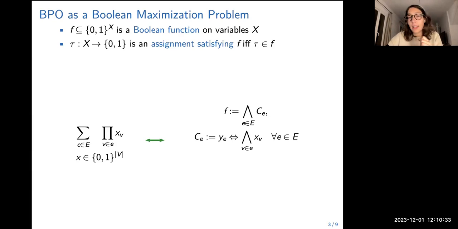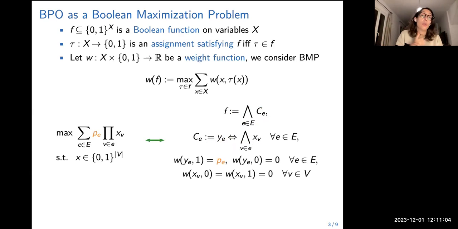On this new variable, you introduce the logical condition that it must be true if and only if all the variables in that monomial are true as well. So we introduce one clause, or logical condition, that represents the structure of the specific monomial. Then we ask that all these logical conditions are true at the same time for all the monomials. So the f here really represents how the monomials interact with each other.